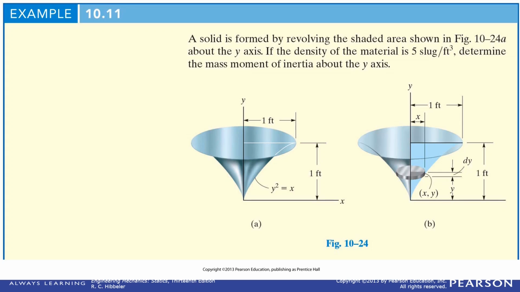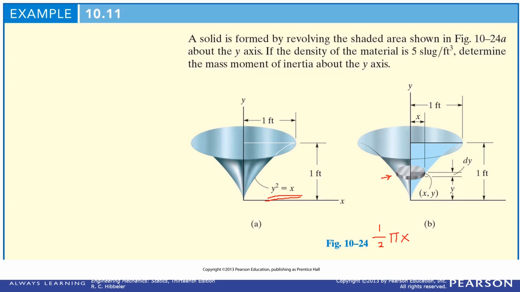Now, we have sort of a cone. It's kind of a paraboloid cone type thing right here. And this equation y squared equals x defines the shape of the line that's making the cone. And so we're going to consider the disk. Well, we know the moment of inertia of the disk: 1/2 times, well, the mass in this case is the area of the disk, pi x squared.